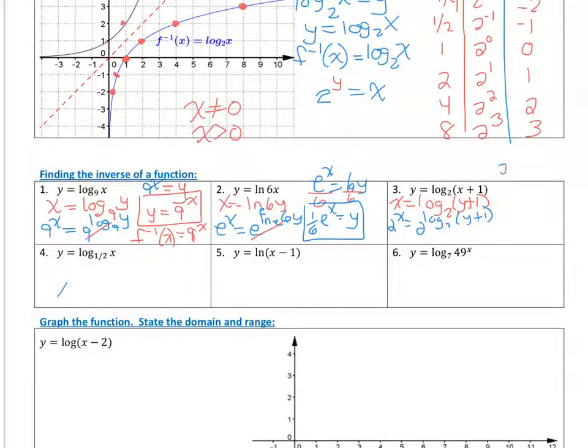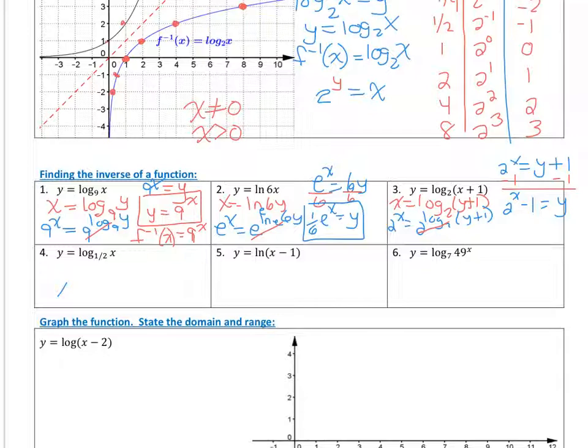So I have 2 to the x, and inverse operations over here, 2 raised to the log base 2 undo each other. So I just have y plus 1 over here left, and I'm going to subtract 1 from both sides. And I have y equals 2 to the power of x minus 1.